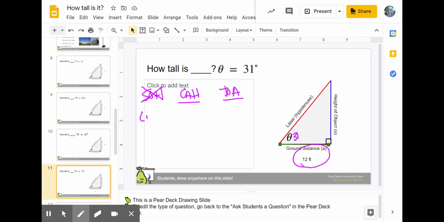You're going to put them in the calculator the same way. Cosine of 31 equals adjacent over hypotenuse. And tangent of 31 equals opposite over adjacent.